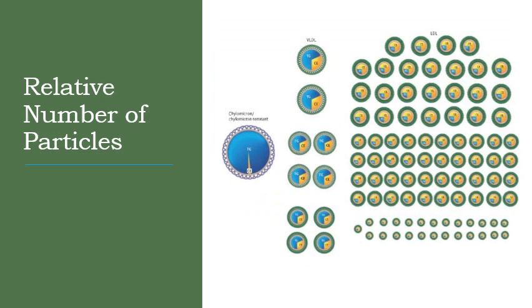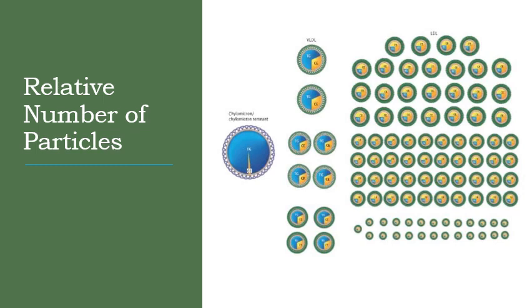We now know what the contents and density of our lipoproteins are, and we know how long they float around in the bloodstream. But how many of each do we have? To know total numbers, it takes a special test. But what we can see here are relative numbers.